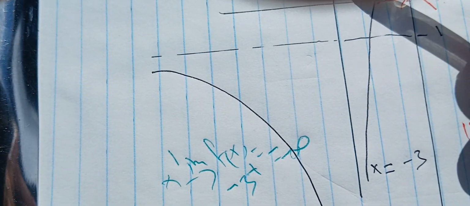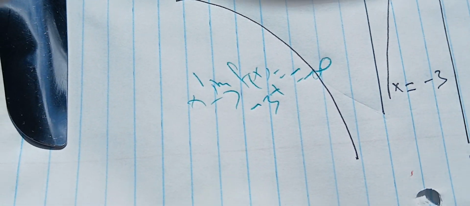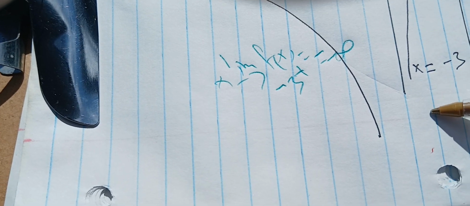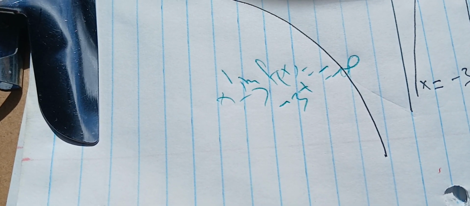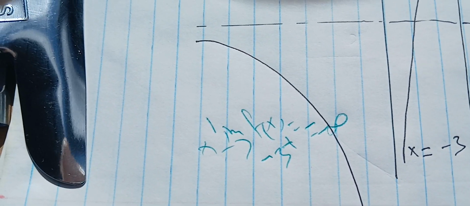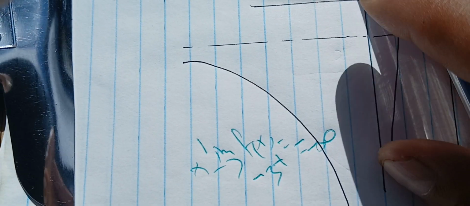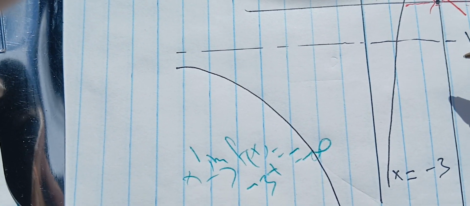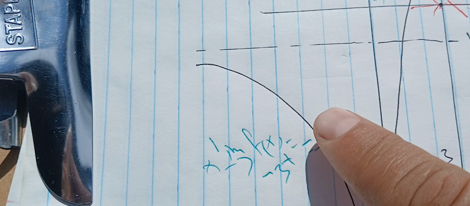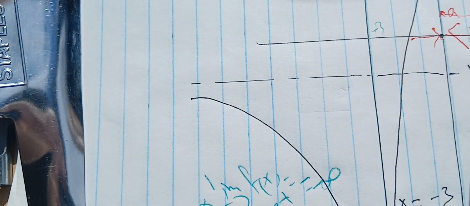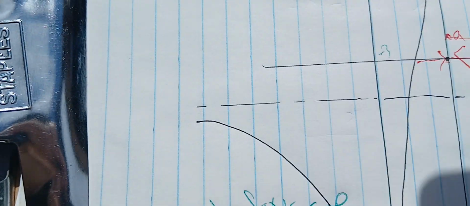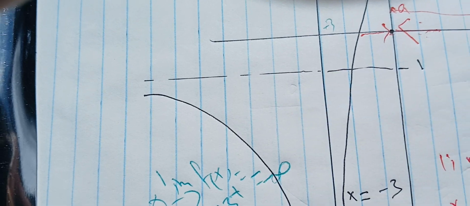As we get closer and closer to -3 from the right, look at the y, it's getting bigger negatively. So this is a minus in this case, and we write it this way. We say that the limit of f of x as x approaches -3 from the right is minus infinity.